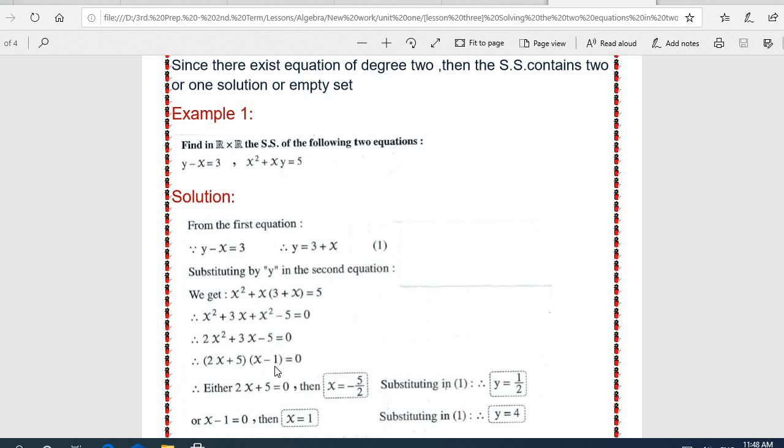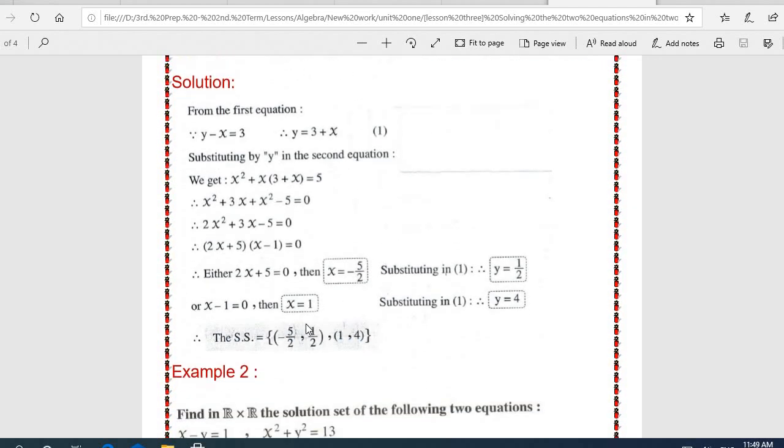The second factor, x minus 1 equals 0, which means that x equals 1. Substituting in 1, y equals 4. The solution contains x and y, so the solution set must be written as a set of ordered pairs: negative 5 over 2, 1 over 2, and 1, 4.